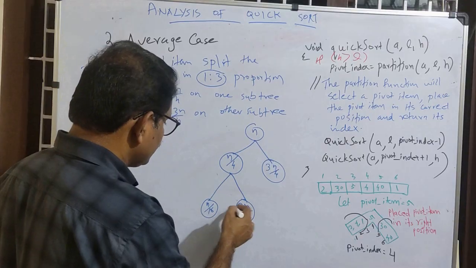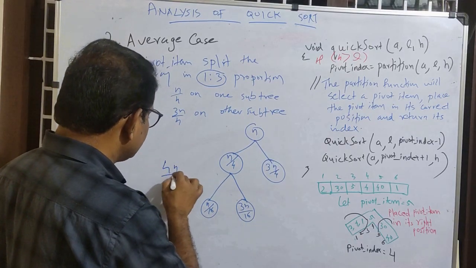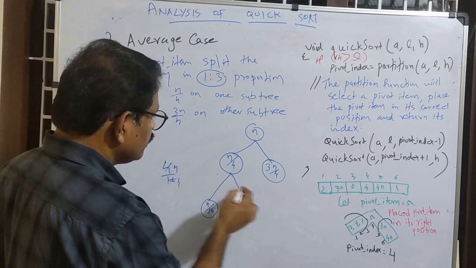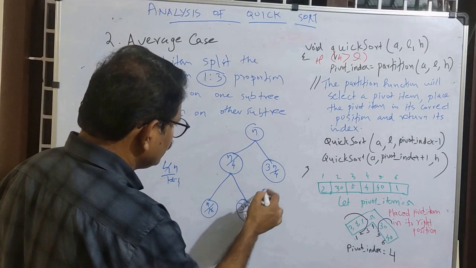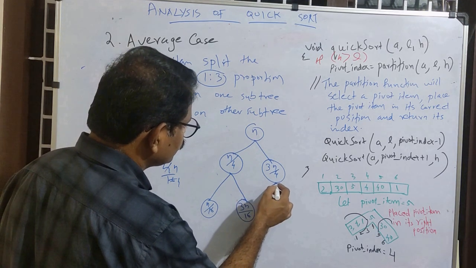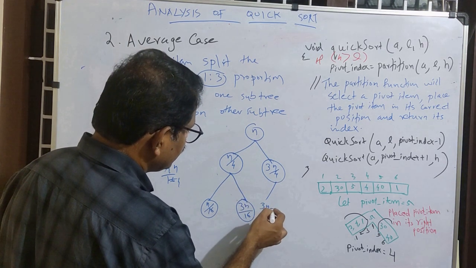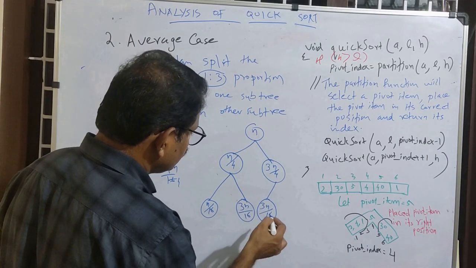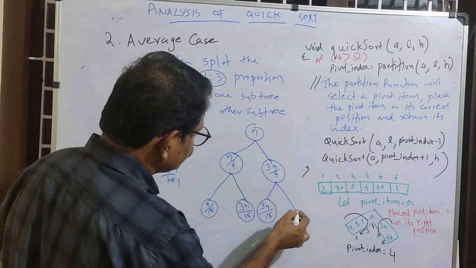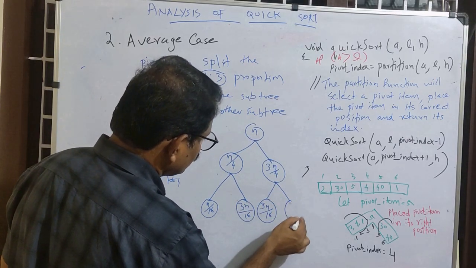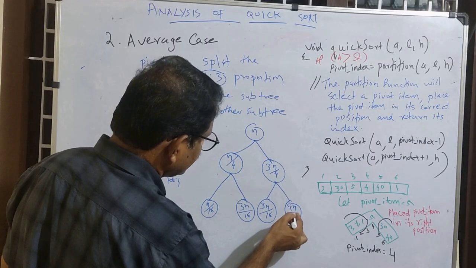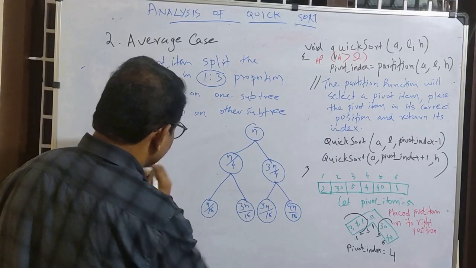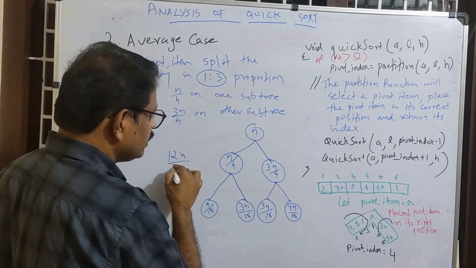Here, 3n plus n, 4n by 16, you will get n by 4. Okay, it is correct. Then this will be split as 1 by 4th of this, so it will be 3n by 16. Then it's 3 times, 9n by 16. 9 plus 3, 12n by 16.